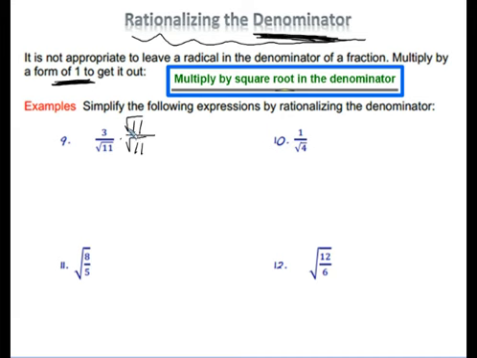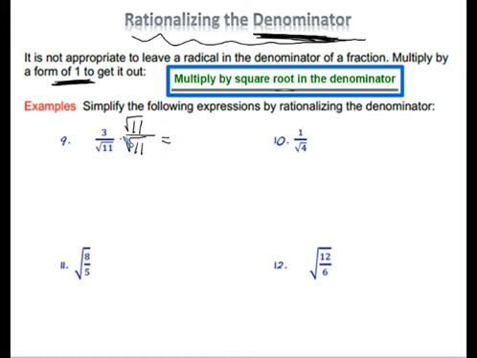And the square root of 11 divided by the square root of 11 is just 1. Anything divided by itself is just 1. And since we're multiplying by 1, we're not changing the value of this problem. We're just changing the way it looks. It's still going to have the same number equivalency, but we don't want the square root of 11 in the bottom.